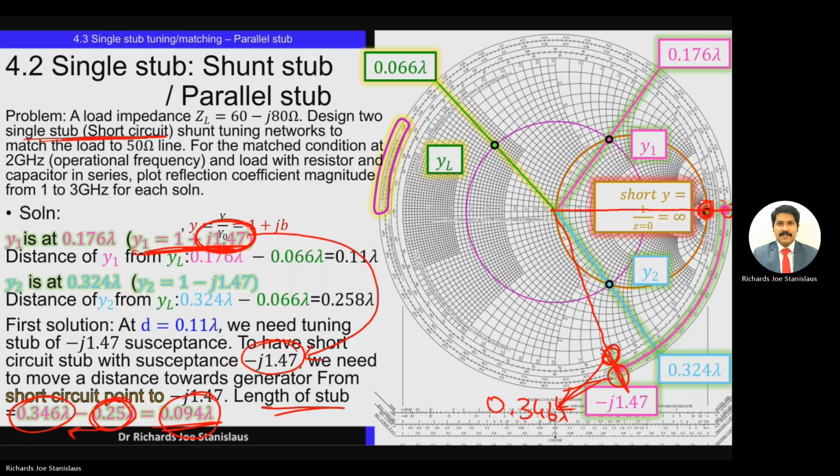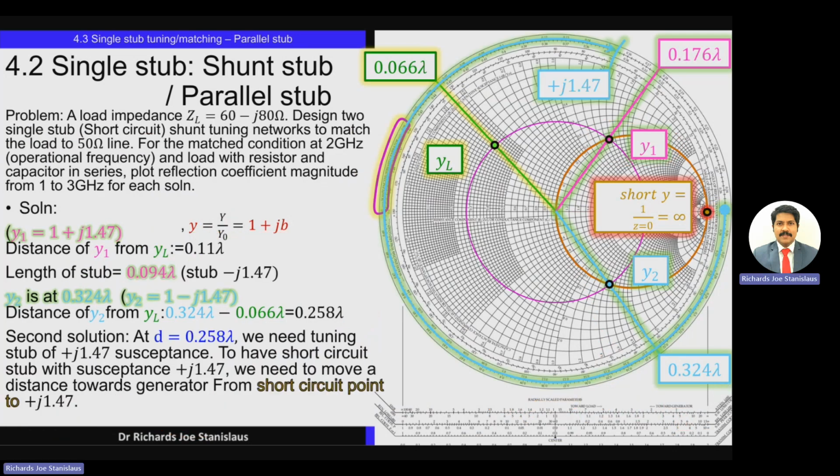Now, the solution we had found was at Y1, which gave the stub that you need. Now, what about Y2? So we have another solution. For Y2, the admittance value is 1 minus j 1.47, right? We need to cancel out this minus j 1.47.